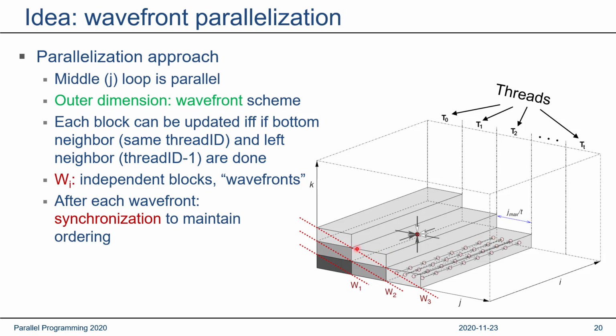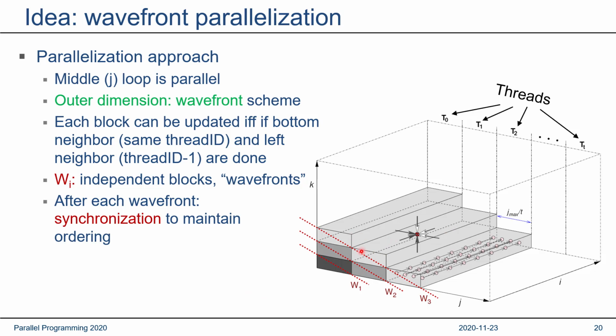Now if we look at this picture, then we subdivide the problem into blocks. Each block has a height of 1 in K direction. It has a width of whatever the complete width of J is, divided by the number of threads in the J direction, and it has a depth of I max in the I direction.